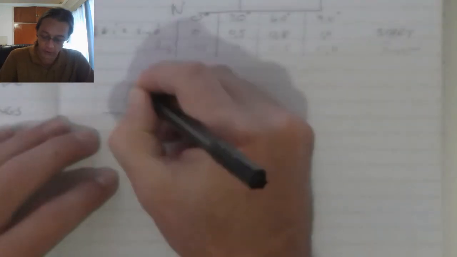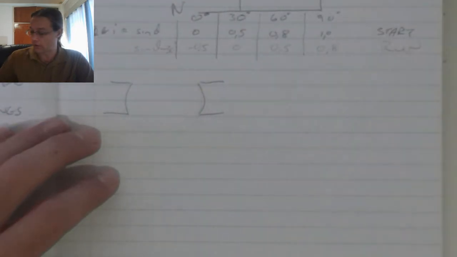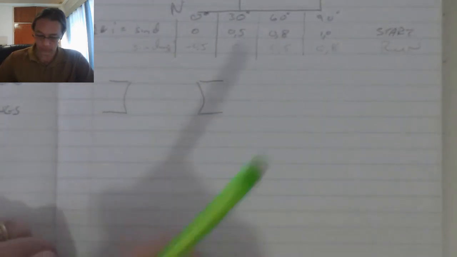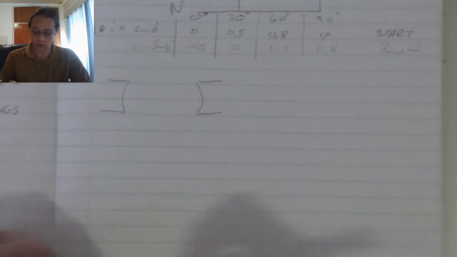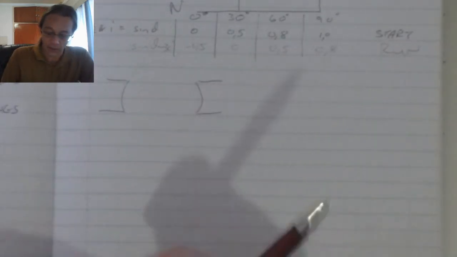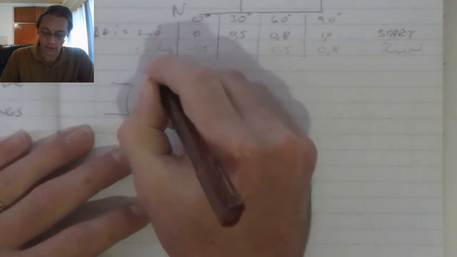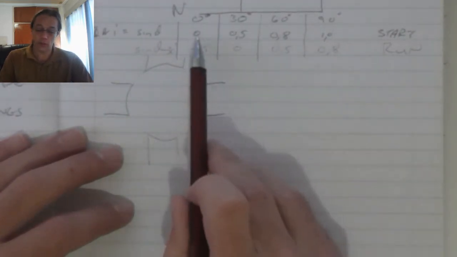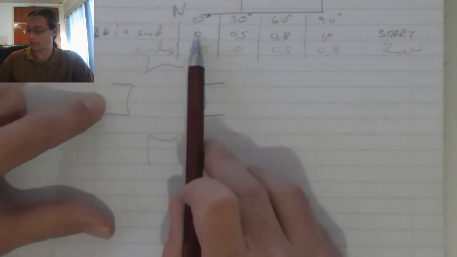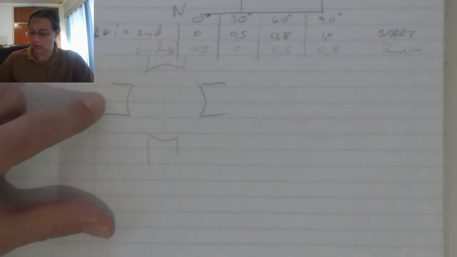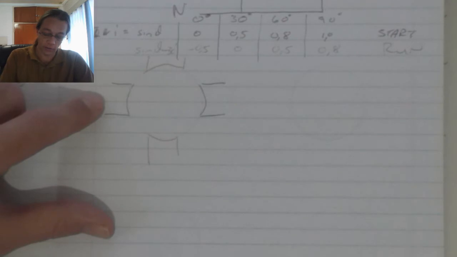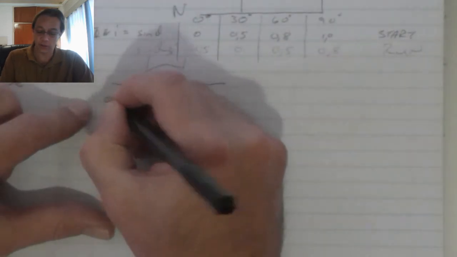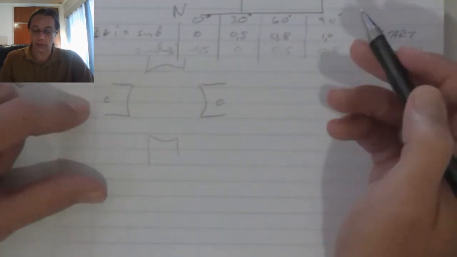So my starting coil is placed like that, and my running coil, that's brown, is placed like that. Okay. So we see that the starting coil has no magnetic field at the initial start. So we've got 0 flux lines on both sides.